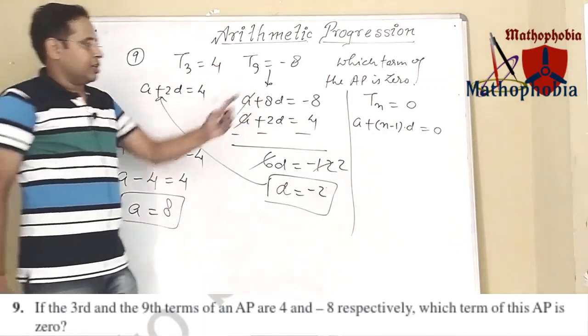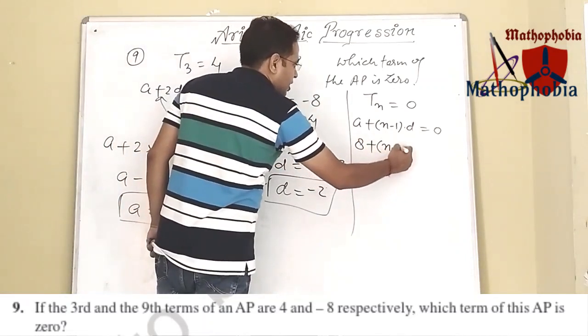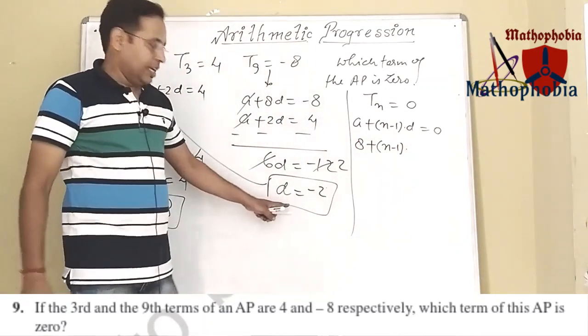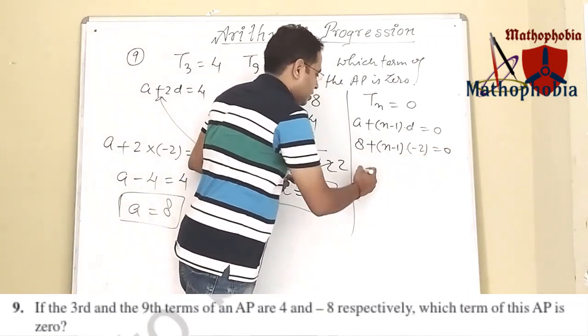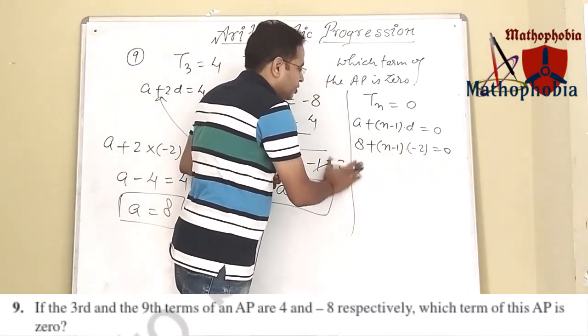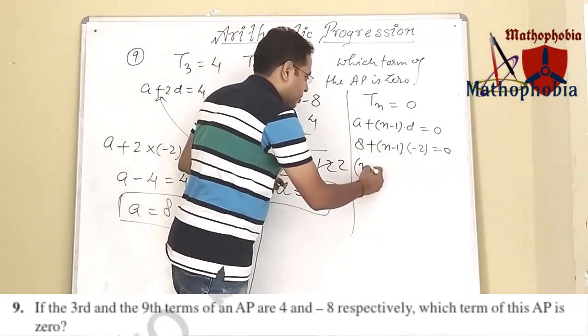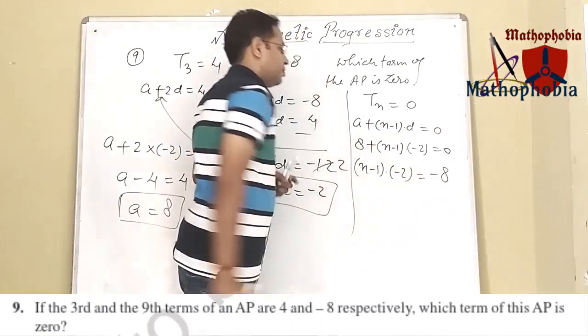तो A की वैल्यू उठा के इधर पे रखते हैं, ठीक है. 8 plus n minus 1 and D is how much? D is -2. तो D इधर -2 रख दो भाई, ठीक है, रख दिया. So how much you get? 8 को उधर ले लो, it will be negative. तो n minus 1 into -2 is equals to minus 8.